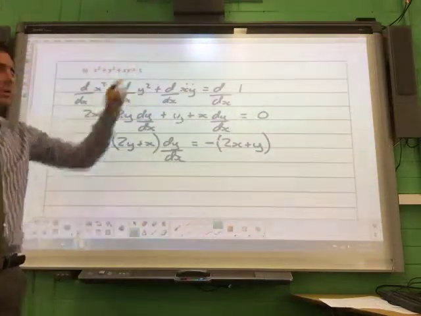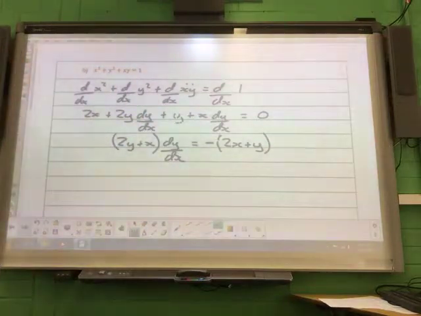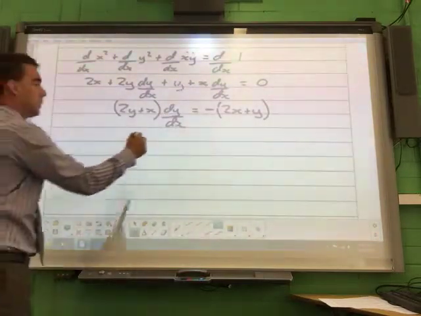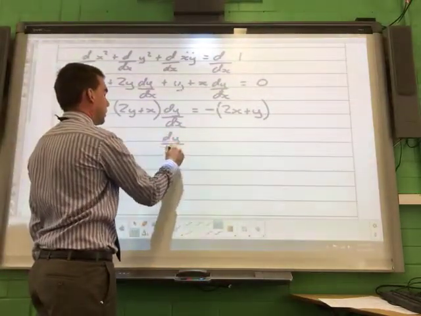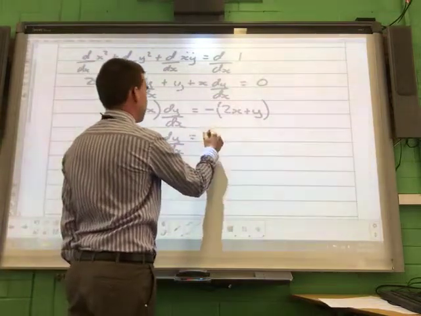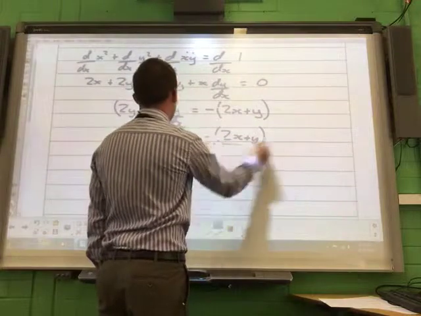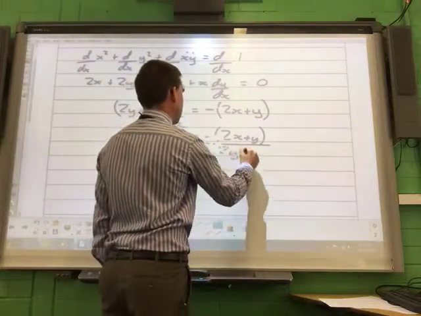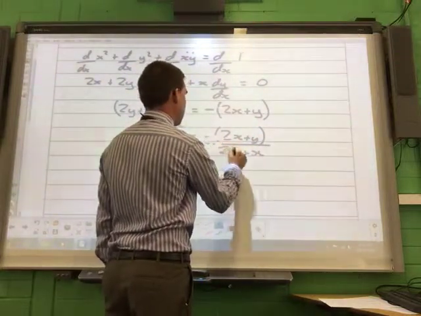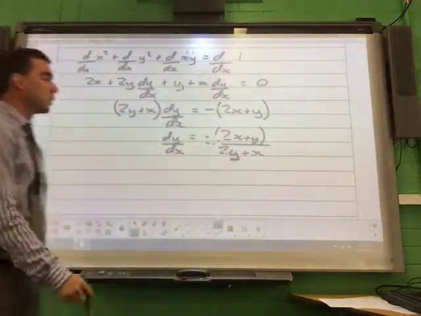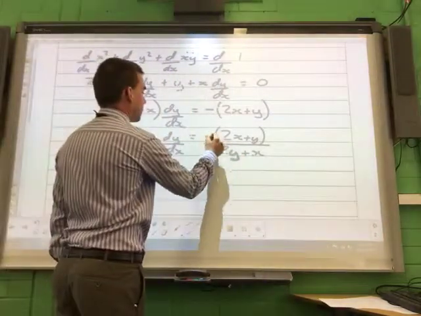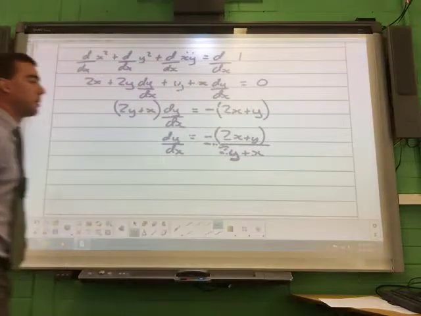On this side, remember the other side becomes negative. I've just left it in factored form like that. Alright.